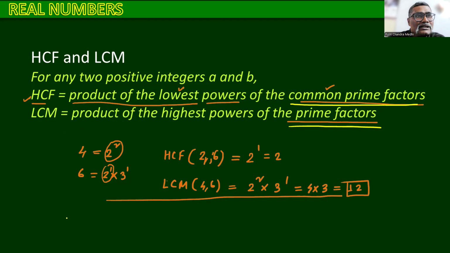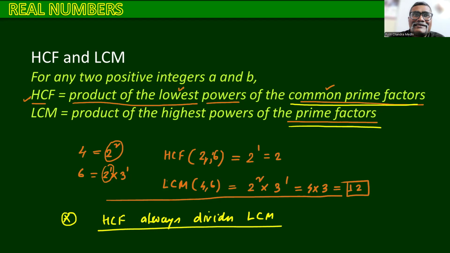So this is a very important conclusion which was missed out in the slide. I'm writing it: HCF always divides LCM for any given number of numbers. Right? This is a very, very important observation. This can make many problems very, very comfortable.